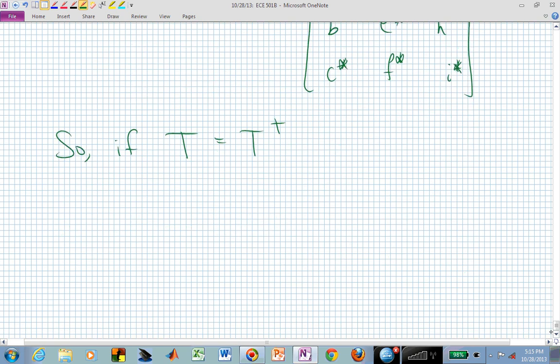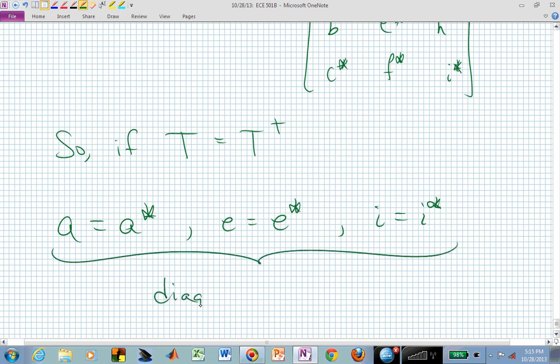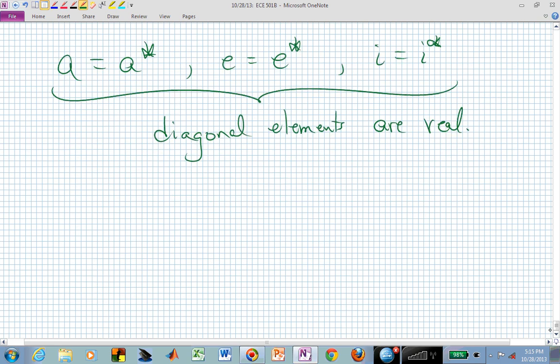So these are some relationships that we've just shown. A is equal to A star. E is equal to E star. I is equal to I star. Those are our diagonal elements. Those have to be real. And then what else do we know? Well, we know that B must be D star, and D is equal to B star.